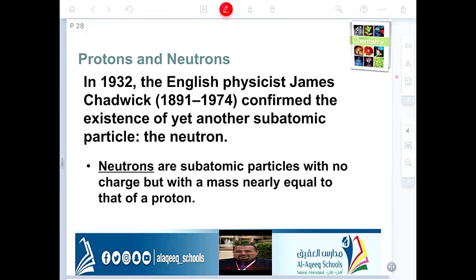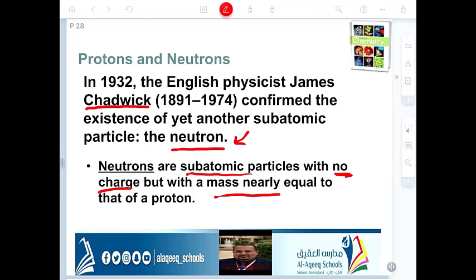We have another scientist called Chadwick. Chadwick confirmed the existence of electrons and protons, but he said we have a third subatomic particle called the neutron, and these neutrons are neutral. Neutrons are subatomic particles with no charge, but with mass.